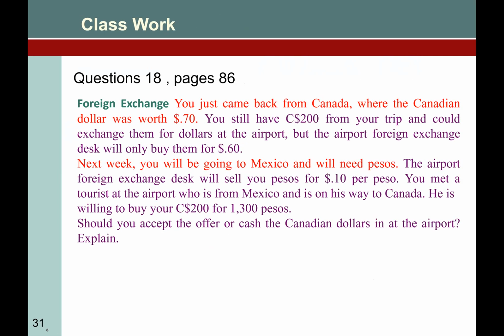Okay, let's do this question. Now, also on the same page that you are doing, write down question number 18, page 86, and try to solve this question. What is the answer? I'm giving you 5 minutes.